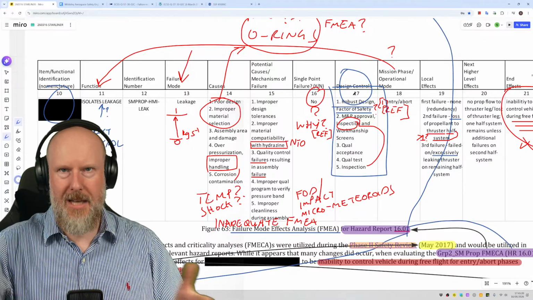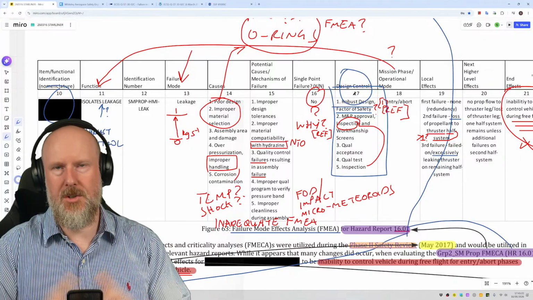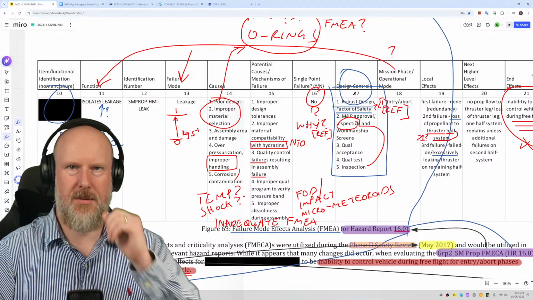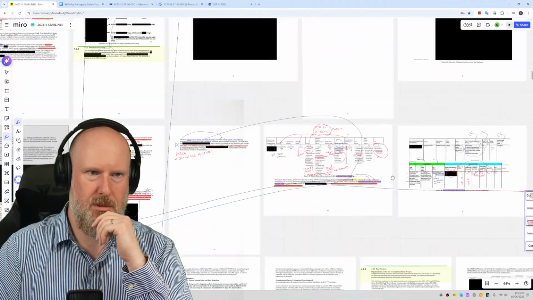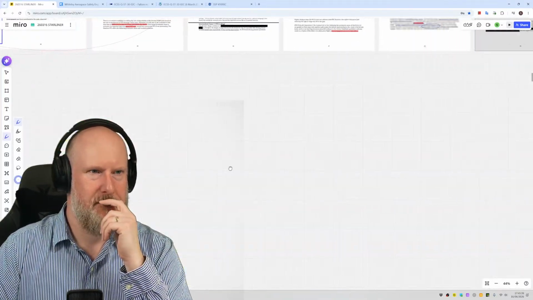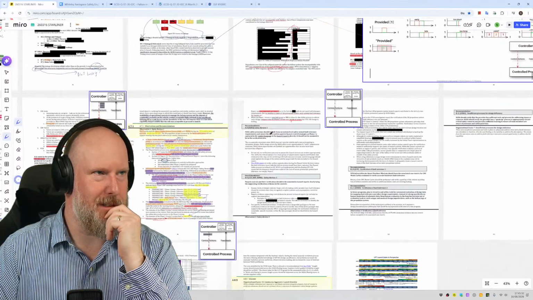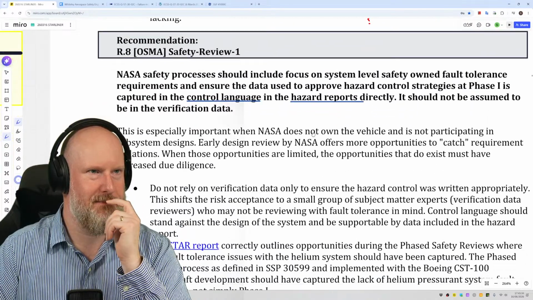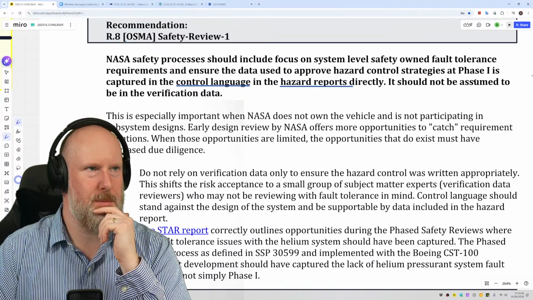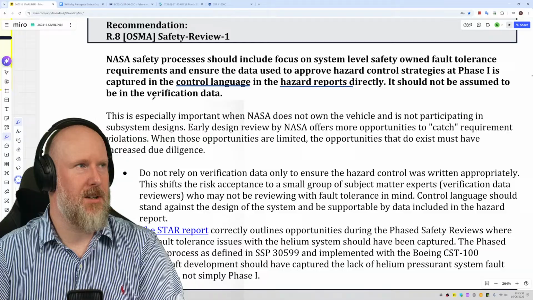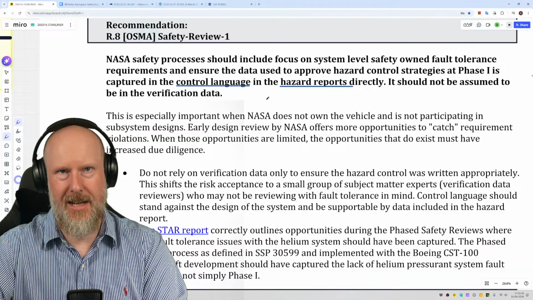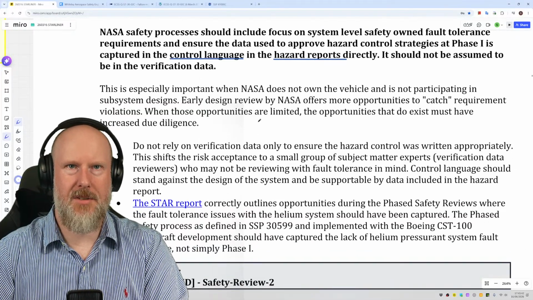And then when the FMEA gets done, you can join those two together, and the same goes for fault tree analysis and functional hazard assessment. That does leave me a bit cold, to be honest with you. It should not be assumed to be in the verification data. So verification data is very much on the right-hand side of the V life cycle.